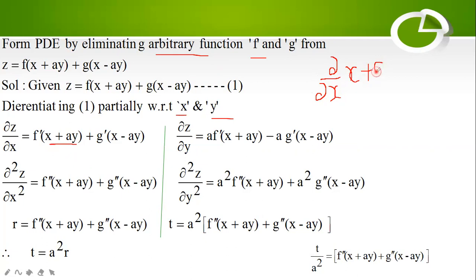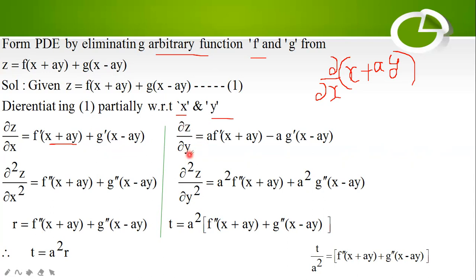Now with respect to x, y is constant, so this value will be 0. The derivative of x is 1, therefore f dash of x plus ay. Similarly, the derivative of g, that is g dash of x minus ay, and the derivative of this with respect to x: this is 0, the derivative of x is 1.